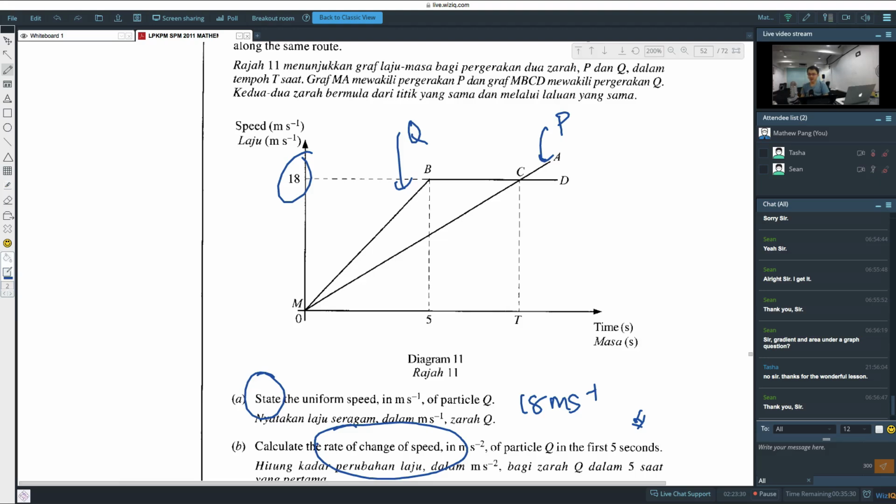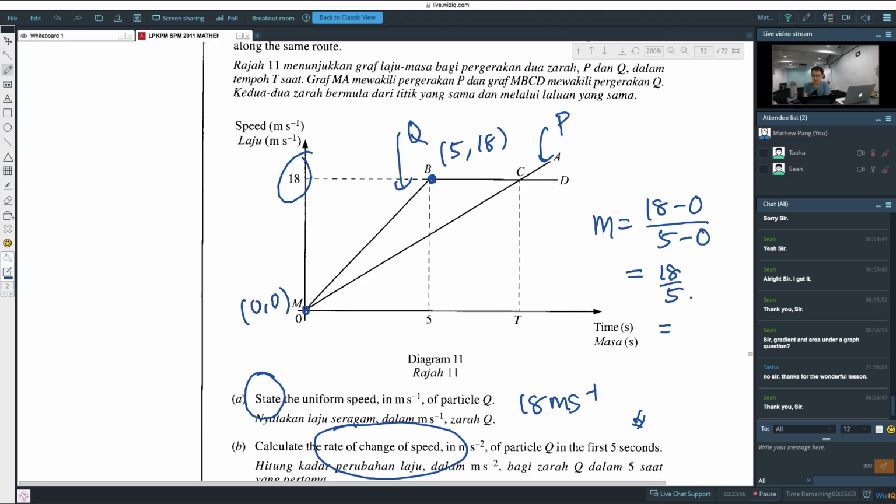To get the gradient, I use y2 minus y1 over x2 minus x1. So the rate of change of speed is just 18 over 5, or you can say 3.6, isn't it? Meter per second square. So rate of change of speed basically just means the gradient in a speed time graph.